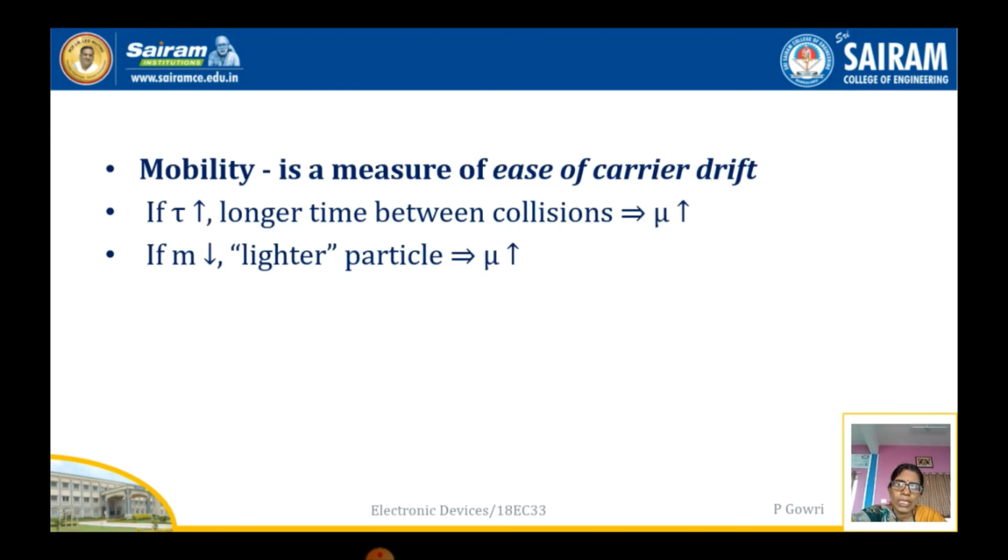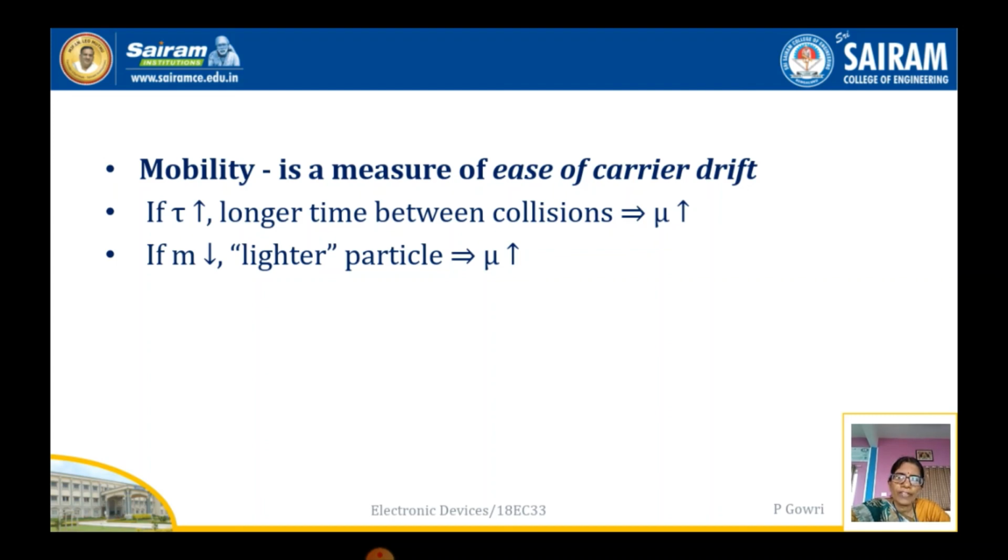Mobility is the measure of how fast the carrier is moving. The collision time also decides the mobility of the charge carriers. That is, tau is the collision time; if the time between the collisions increases, the mobility increases.